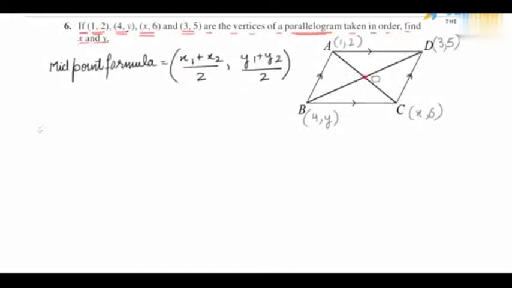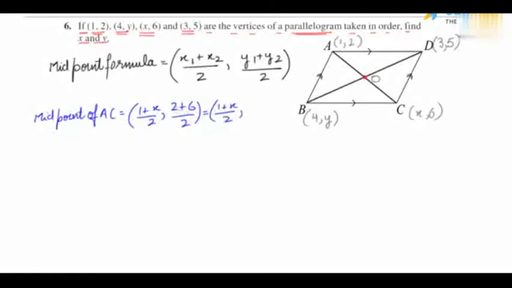Okay. So let's use the midpoint formula and find the midpoint. Midpoint of AC will be (1 plus x) by 2, comma (2 plus 6) by 2. 1 plus x by 2 stays as it is. 2 plus 6 is 8, 8 by 2 is 4.